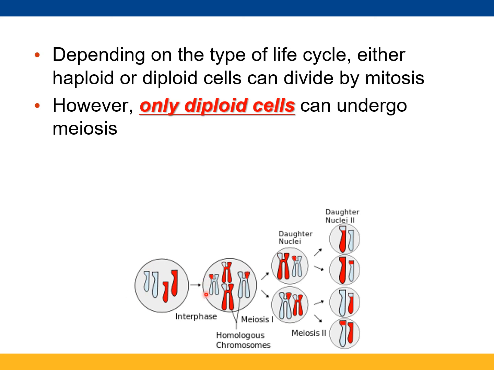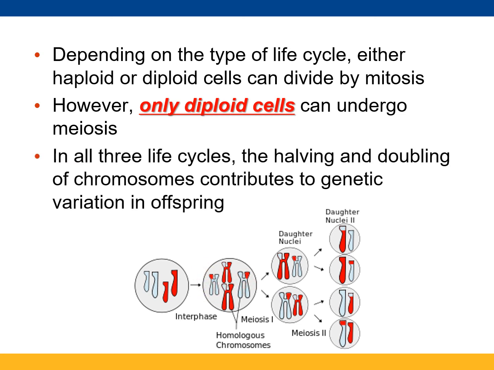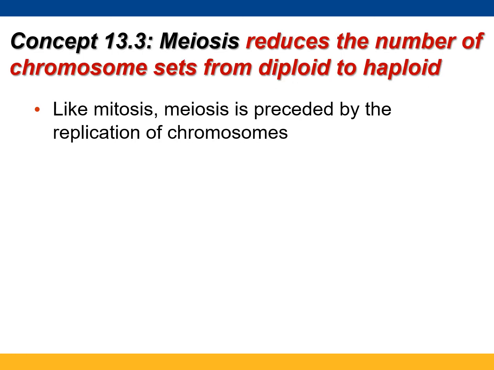It's just that there's been a redistribution of maternal and paternal gene sets. And that's the point. Genetic variation, the random assortment of traits designed to increase genetic diversity in the population. So let's talk about meiosis now.